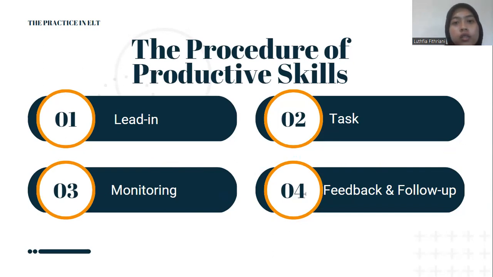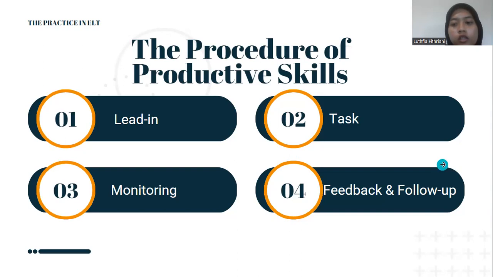At the end of the teaching and learning process, it is important for the teacher to give the students feedback so the students will know whether they are doing the tasks correctly or wrongly.